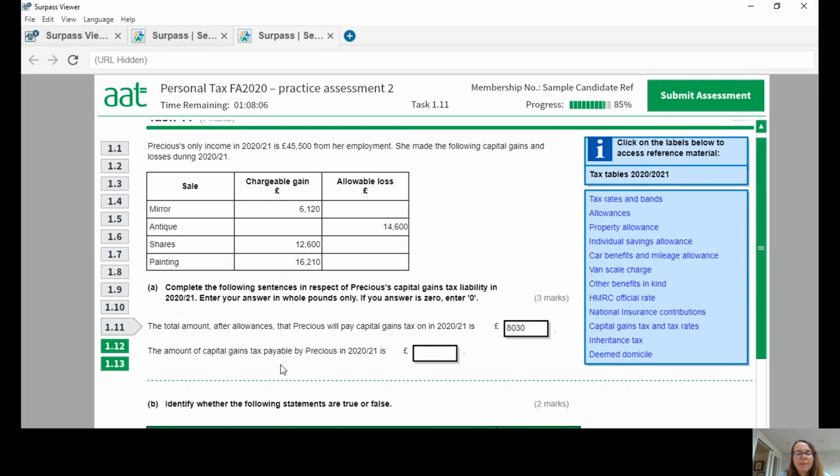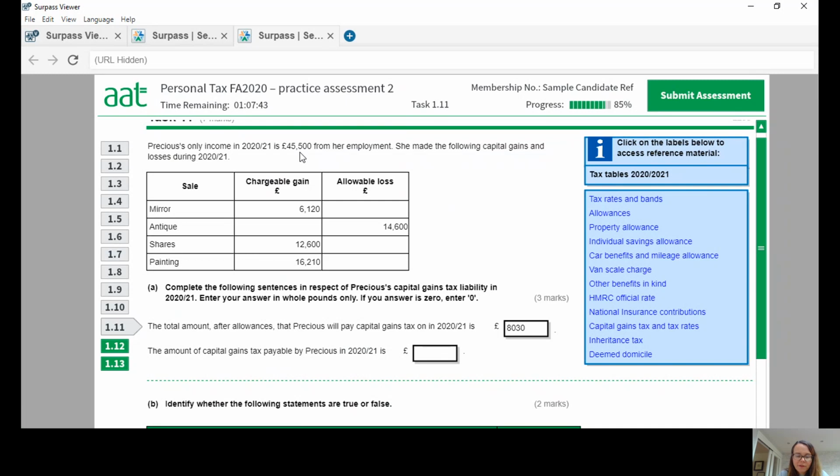So the amount of capital gains tax payable. So it's relevant that she's got employment income of 45,500. But remember what we said in those earlier income tax questions. If this is her employment income, we need to take away the personal allowance here.